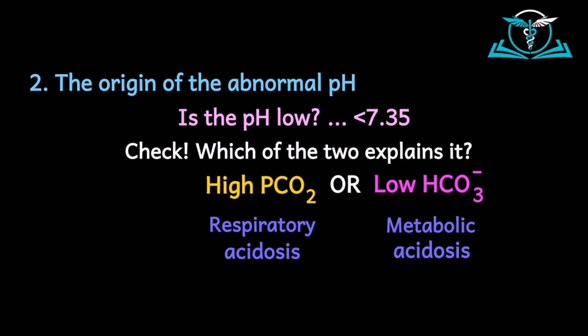Based on this principle, we've been able to determine the origin of the acid-base problem. After you've identified the pH level, check which of the two components rationally explains it, and that will be the origin of the acid-base problem.